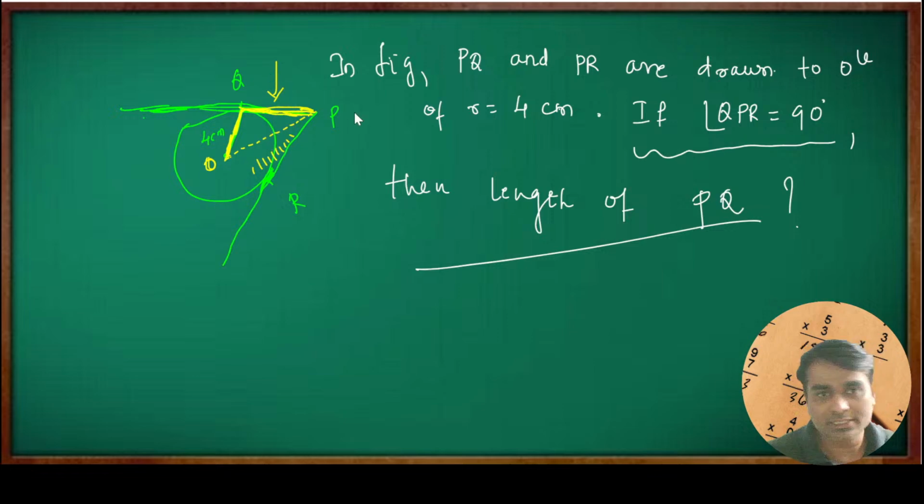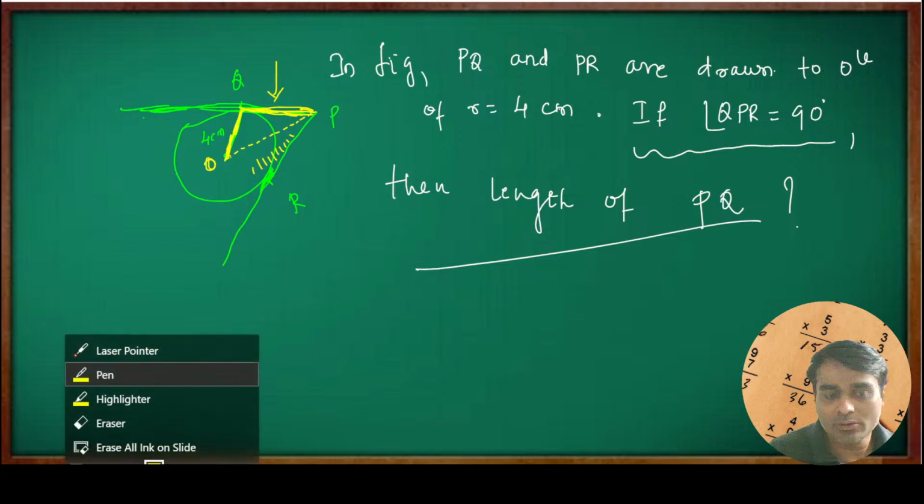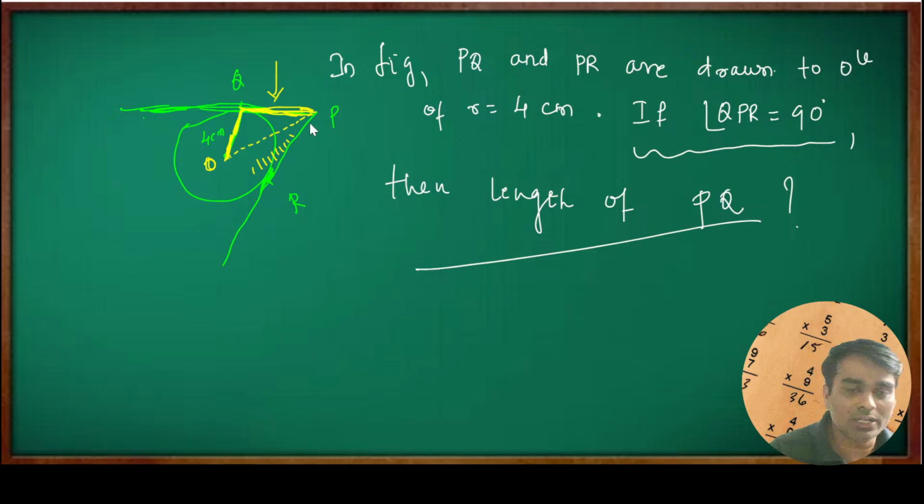Now one thing you have to remember here, when you have constructed this dotted line, wherever it is touching here, actually whenever two tangents meet, they make 90 degree. This is 90 degree. But this dotted line bisects this angle. That means the upper side will have 45 and the lower side will have 45.